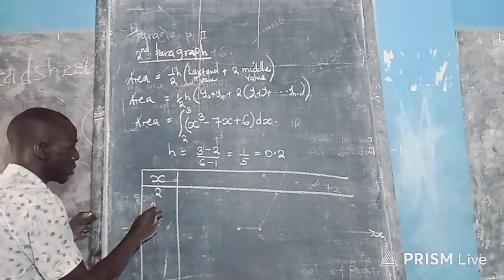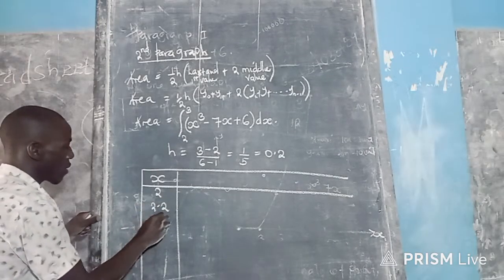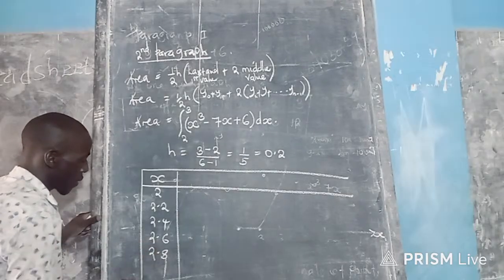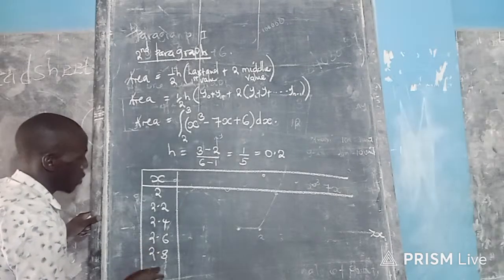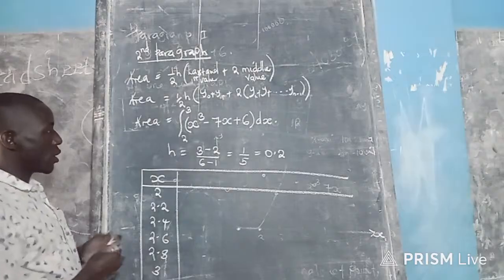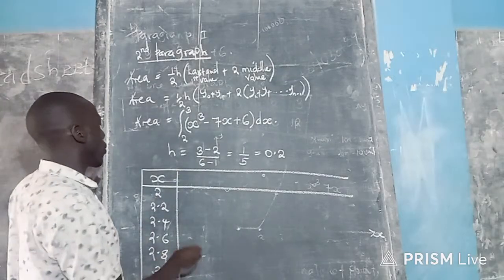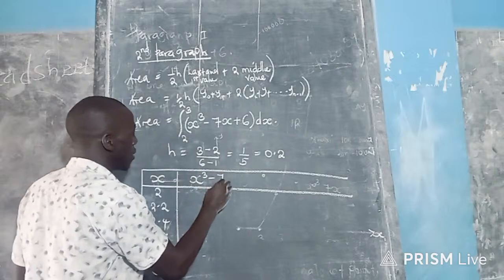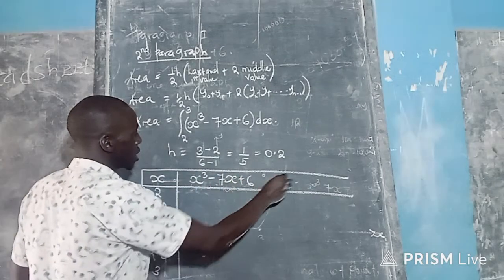So meaning we are going to have 2.2, 2.4, 2.6, 2.8, and now we reach 3. Then we'll have a part where we are supposed to use them now for the substitution. That is x cubed minus 7x plus 6.